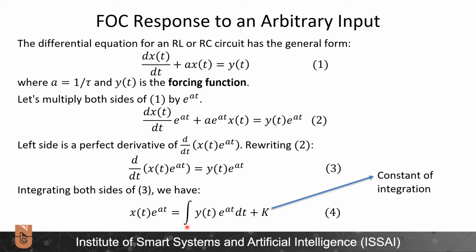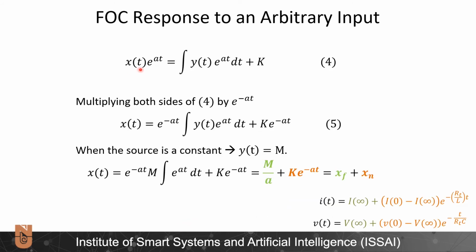Now I will continue my solution further. At the end I want to find x(t), therefore I can multiply both sides with e to the minus at to have the x(t) on the left side by itself, and then the whole expression becomes e to the minus at times the integral of y(t) times e to the at dt plus k times e to the minus at.